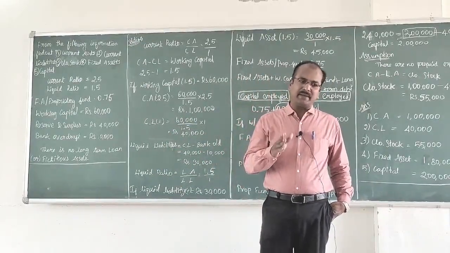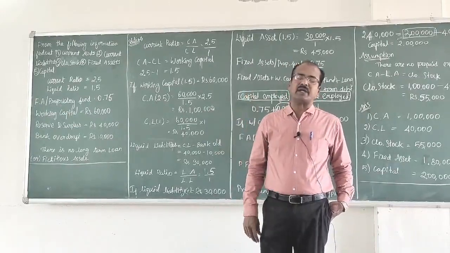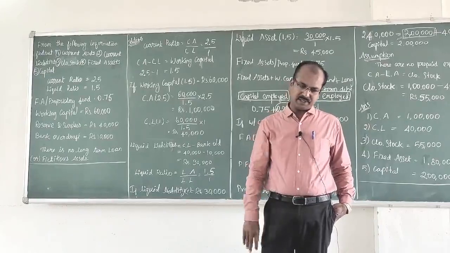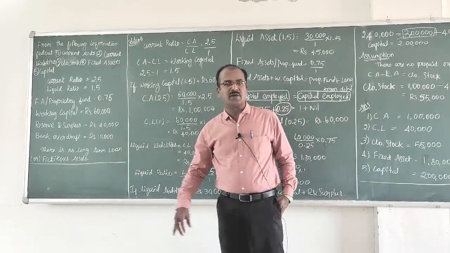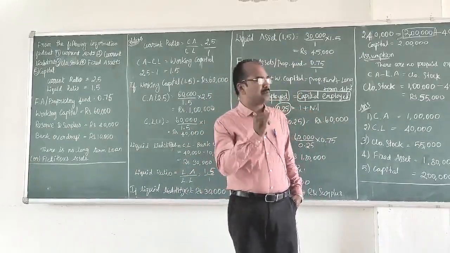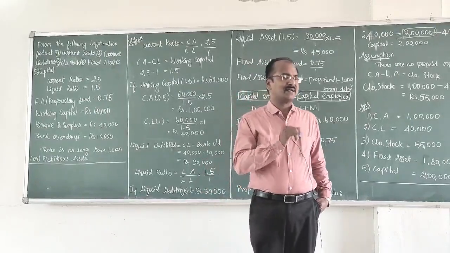By applying the amount of working capital in this situation, we can very well calculate the value of current assets and value of current liabilities. From current liabilities, if we subtract the amount of bank overdraft, we can come to know liquid liability. If we come to know liquid liability, we can easily calculate liquid assets.